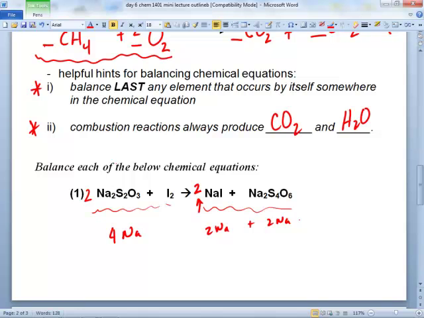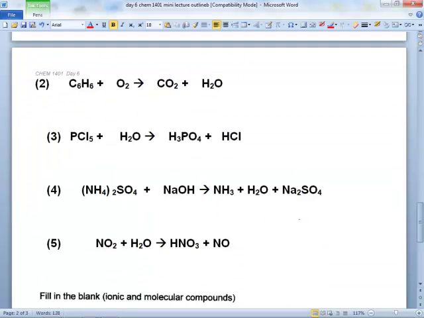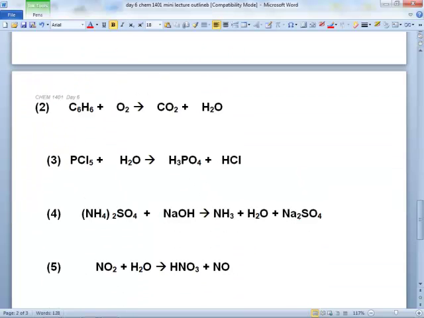Okay, so you see the game we're playing. See if you can balance these, and then I'll go around and I'll ask the folks around you, or if you get stuck, ask me. Just balance the element by itself.